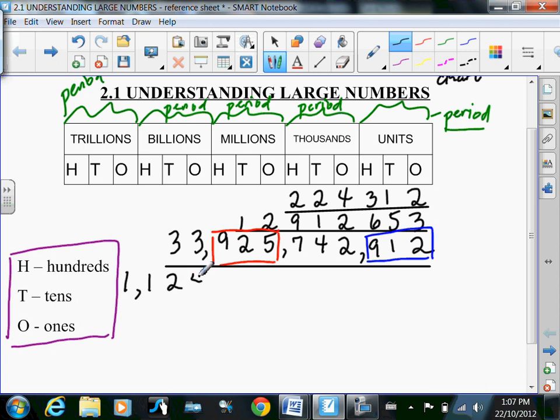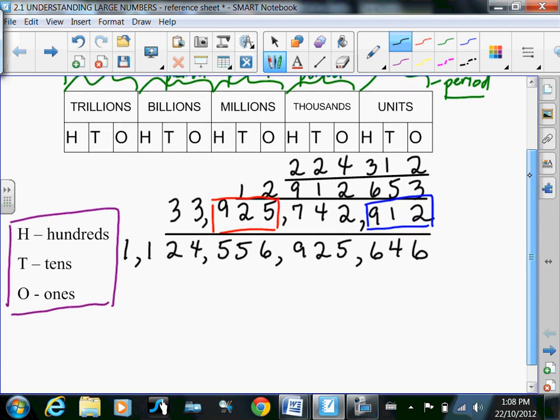Notice again, I'm trying my best to line up numbers directly underneath the hundreds, tens, and ones category within each period. Okay, pause the video if you want to practice saying that number.